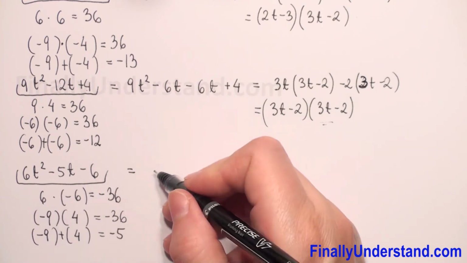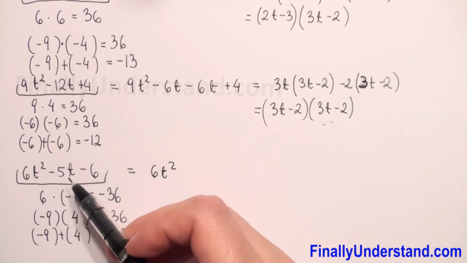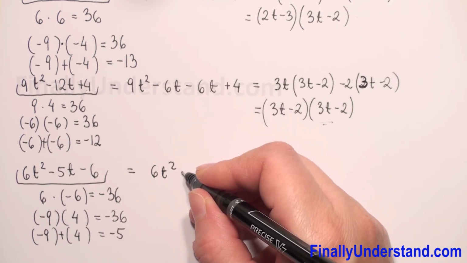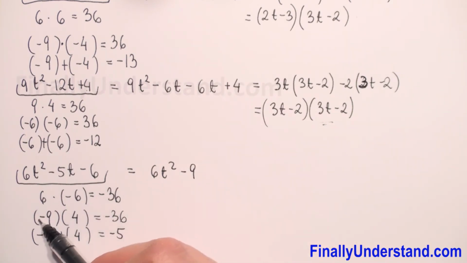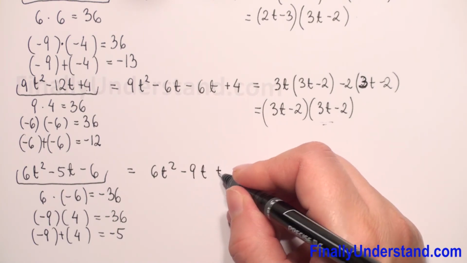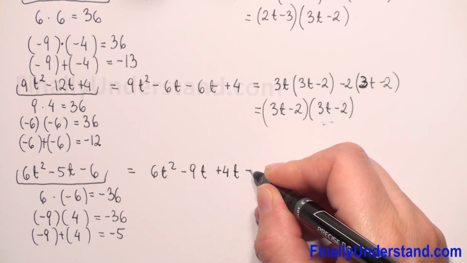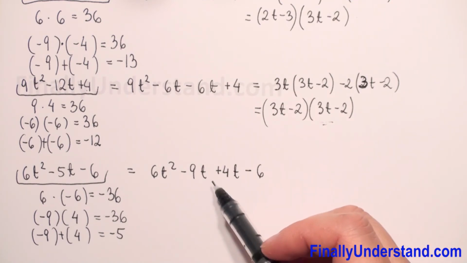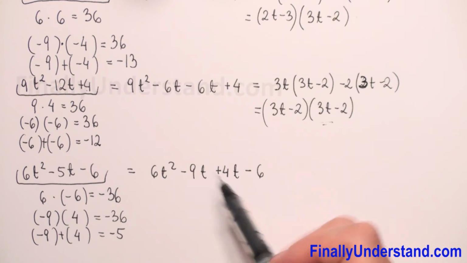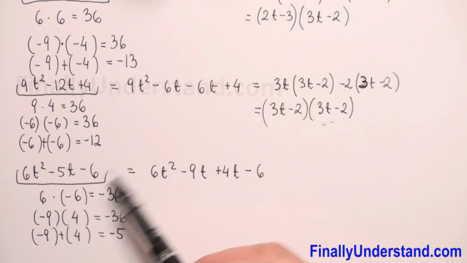First expression we have to copy, 6t squared, and the second expression we will rewrite that this is negative 9t because we have this first number. T we have to add, and we have positive 4t, and negative 6 we have to add. So negative 9t plus 4t is negative 5t. So we didn't change anything.